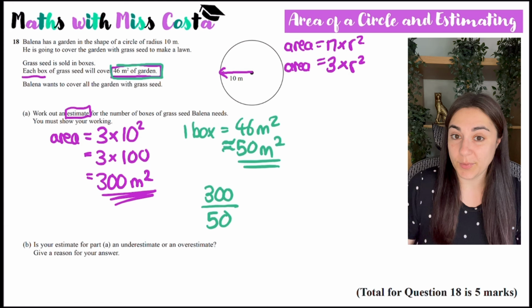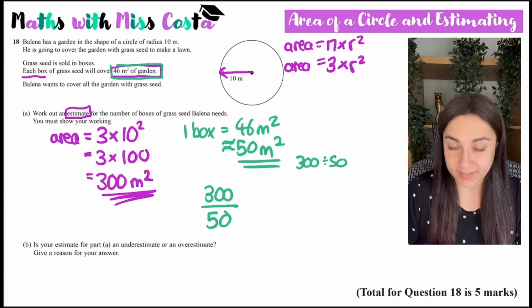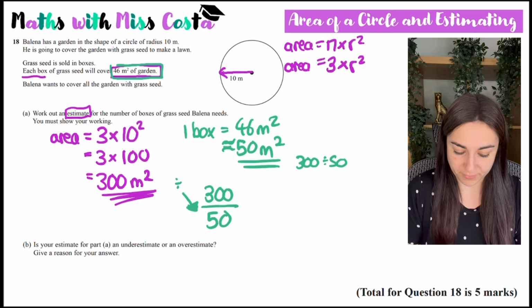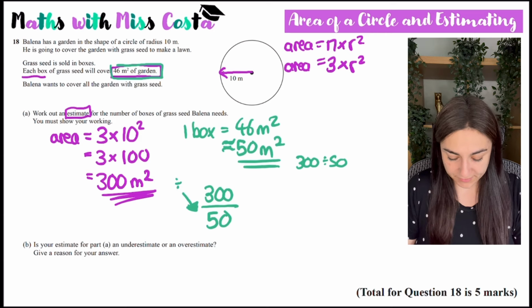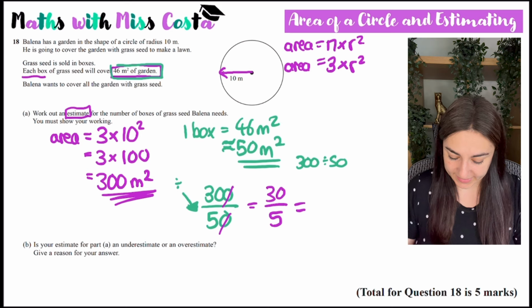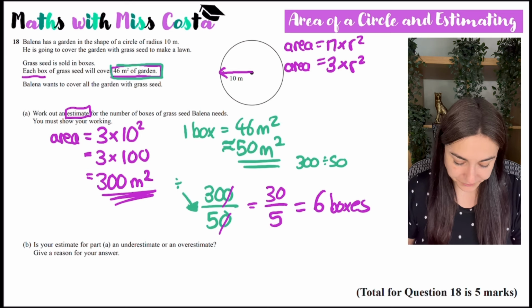Now you can do it any way you want, but I just find division easier if, instead of doing it like this, I write it as a fraction, because this line here means divide, and then you can just simplify it. So I can divide by 10 because we've both got zeros over there. So that would be 30 over 5, and then 30 divided by 5 is 6. So that would be 6 boxes.